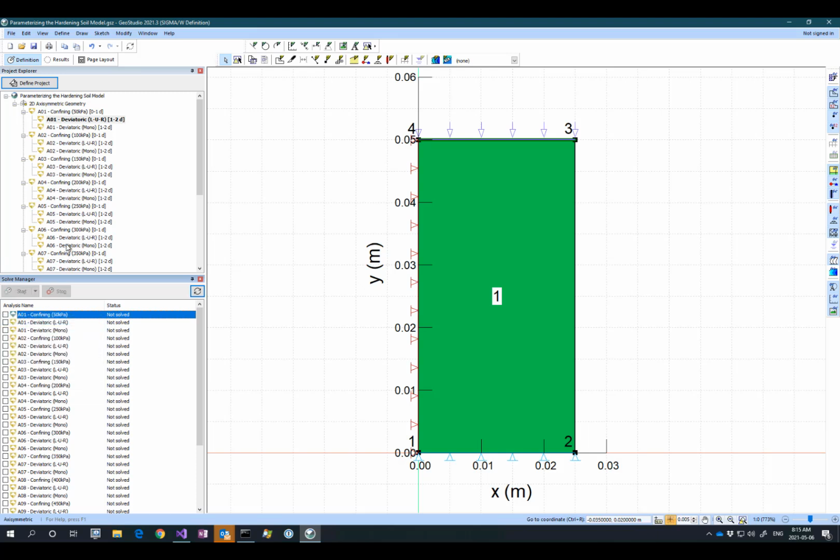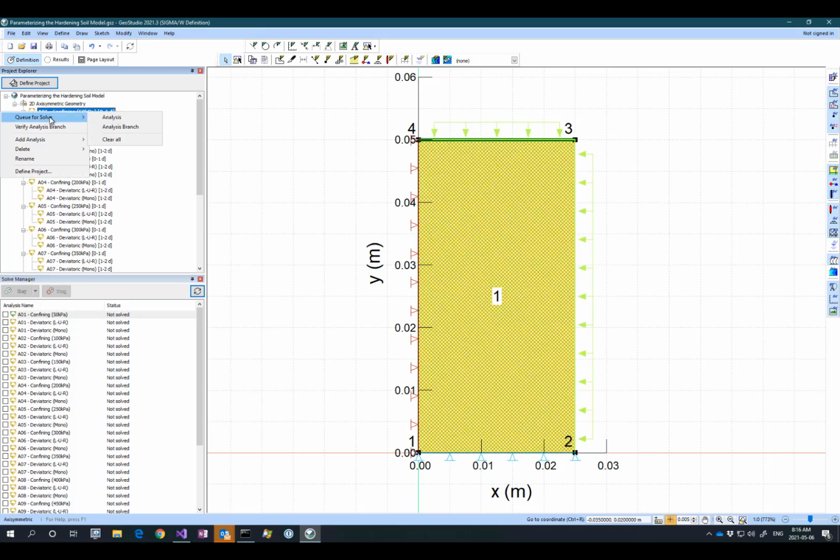Similarly, if you go up into the Solve Manager, it's often more convenient if these branches are quite elaborate. In this case, there are only two analyses that are parented to the confining stress analysis, but we can imagine a scenario where there are 8, 12, and so on analyses underneath the parent analysis, in which case right-clicking up here and queuing an analysis branch for solving is more convenient.